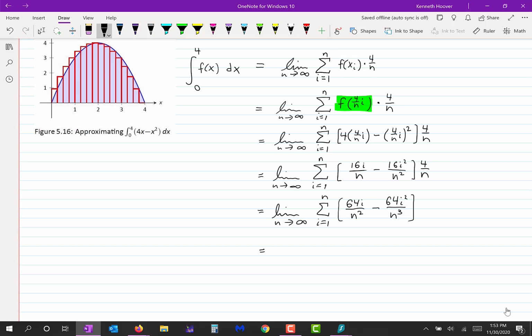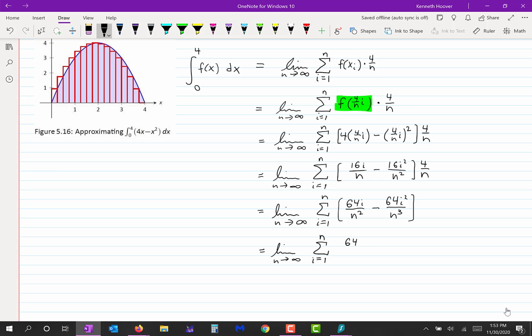Now, I would like to separate out those i's. Let me show you how I'm going to do it. I'm going to write these down, step by step, so that you can see. You see how I wrote the i's in the tops of the fractions?